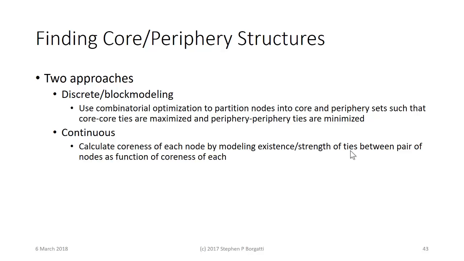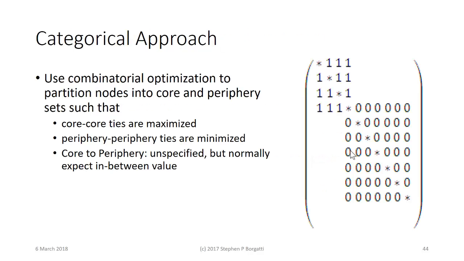How to find them? There's a couple of different ways. There's the discrete, which simply tries to find the core and a periphery and assumes that those are two separate things. Or continuous, which just says, look, there's a degree of coreness that everybody has. Some people are more core than others. Both approaches are nice. So we'll have a look at them both.